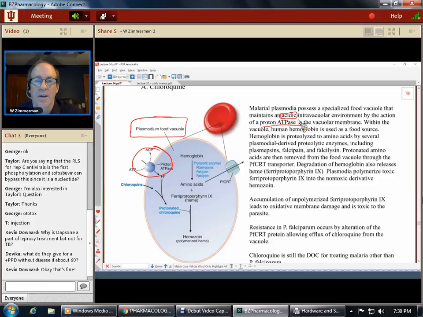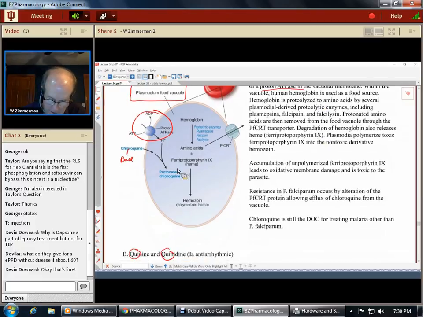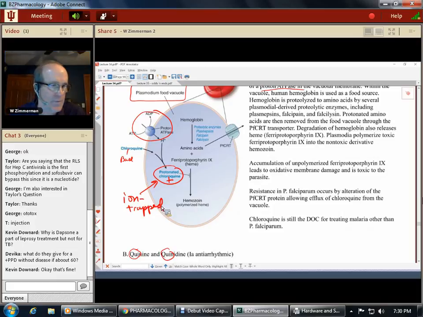But if it's acidic, and chloroquine is a base, therefore we get protonated chloroquine that has a charge, and it's ion trapped in that food vacuole. So you'll see concentrations that are far higher of the chloroquine in an infected red blood cell. So you have high chloroquine concentrations in an infected RBC.